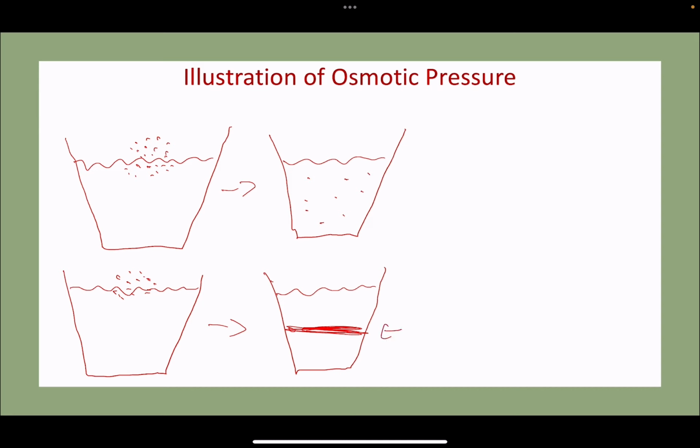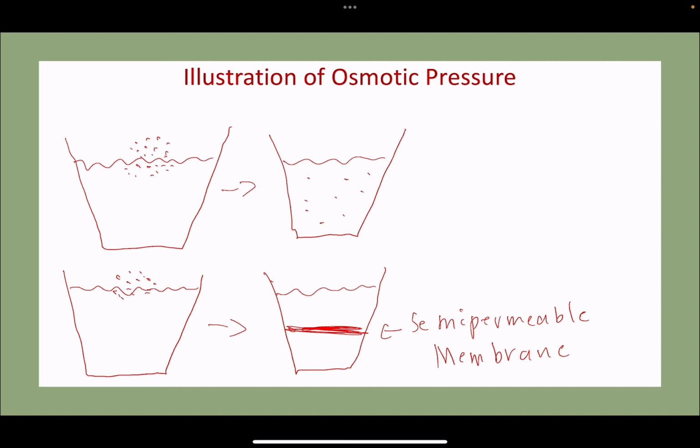This membrane is called a semi-permeable membrane because it allows certain compounds to pass through it while others are stopped. When we describe something as permeable, we mean that it allows substances like water, for example, to pass through it.